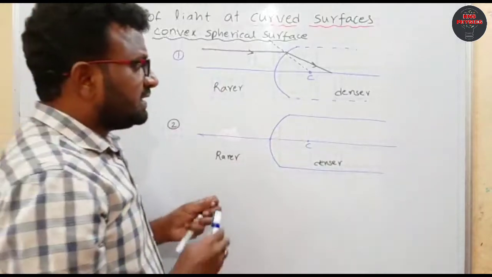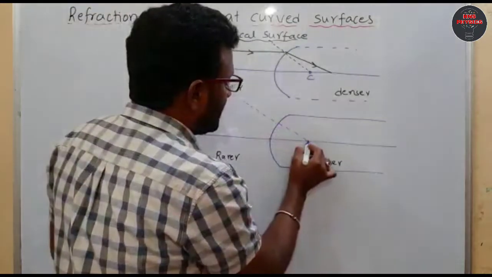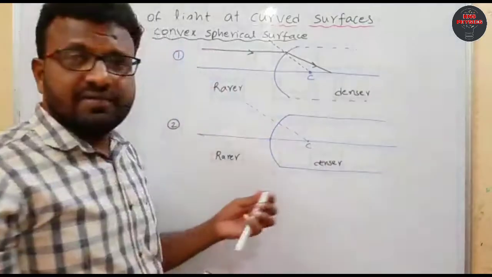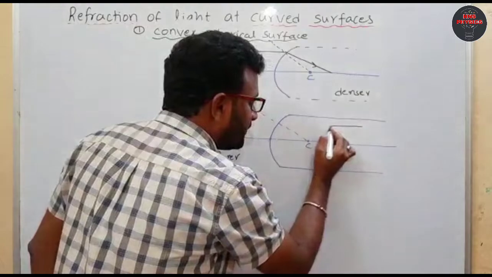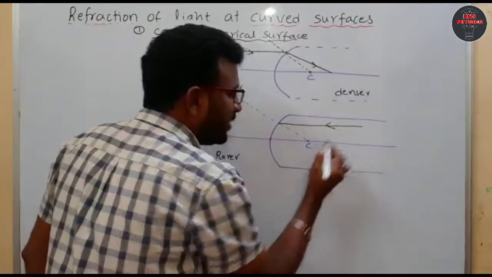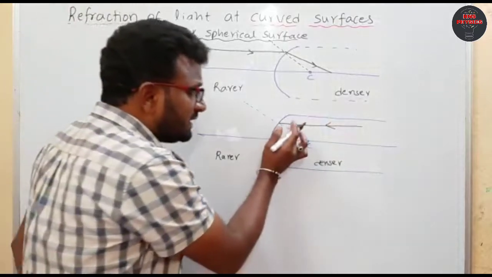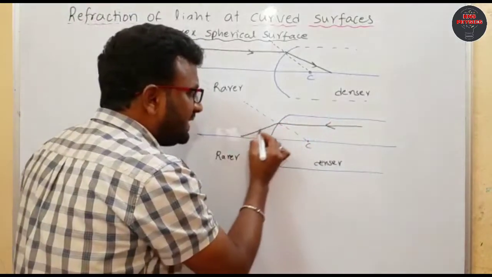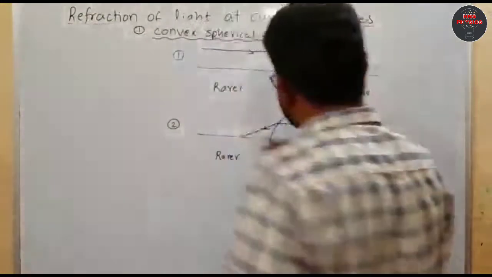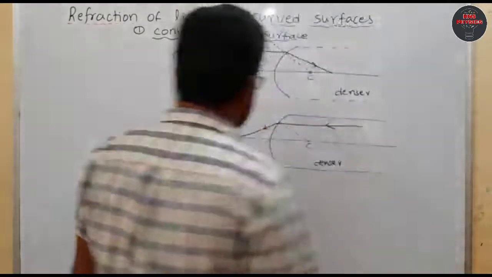Now here again if you draw the normal line, in this case when a ray of light travels from denser medium to rarer medium, the ray is passing parallel to the principal axis, then the ray is incident on the convex surface. After the refraction the ray bends away from the normal. So this is the second rule.